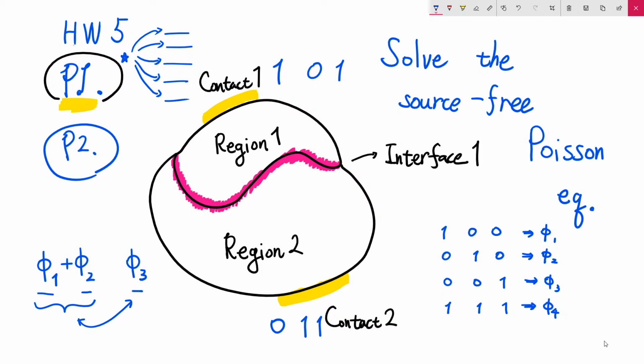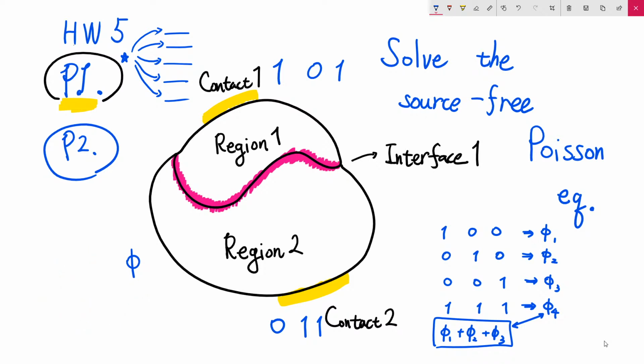After that, make a sum of phi 1, phi 2, and phi 3. Then you will get a certain solution; make a comparison of this sum with phi 4. So that is my homework problem 2.